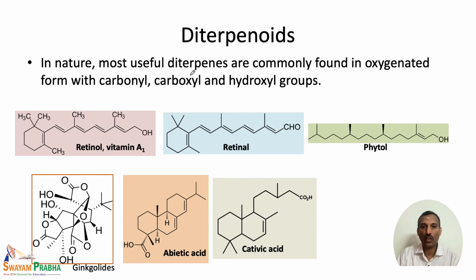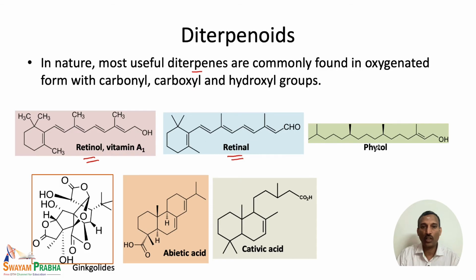In fact, many of the useful diterpenes are formed as diterpenoids, and some of the important compounds are retinol. Vitamin A1, as all of us know, is an example of a diterpenoid. It is very essential for human beings, because our vision basically depends on these kinds of compounds.